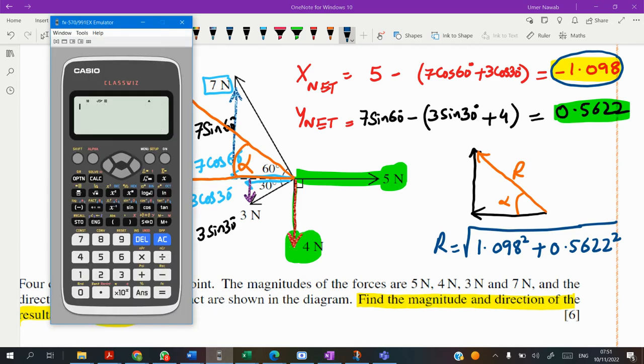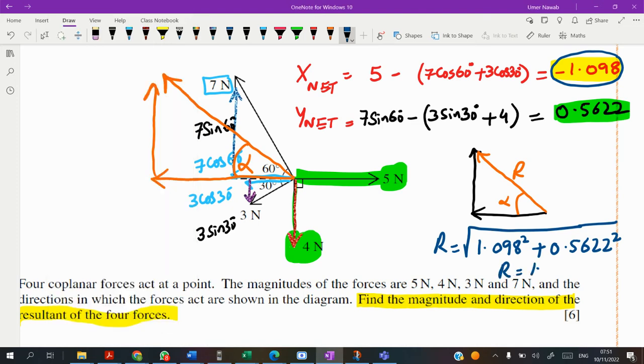Now get your answer: square root of 1.098 squared plus 0.5622 squared, and this will give you 1.23. Resultant is 1.23 newtons. Also, I want to find the alpha.